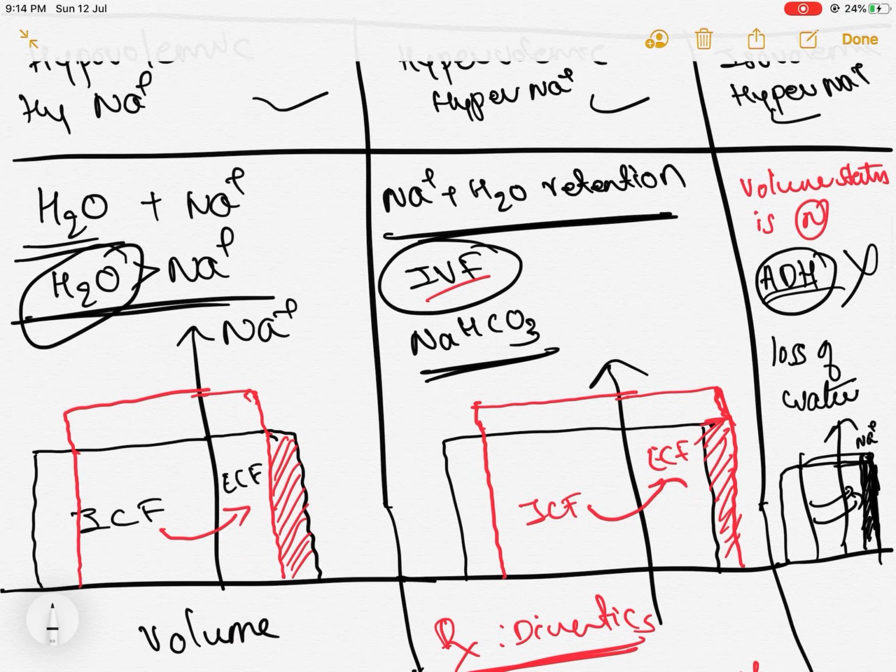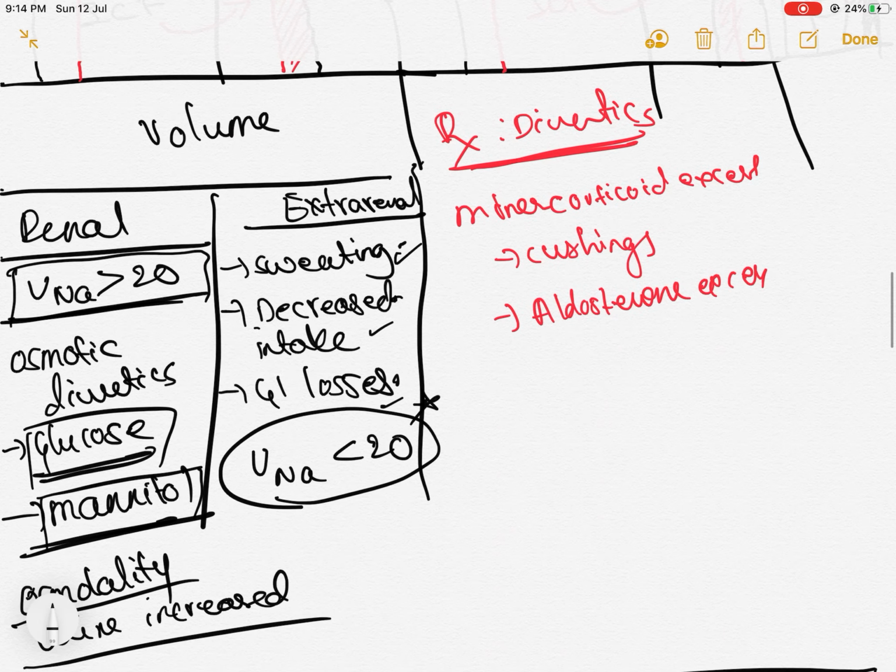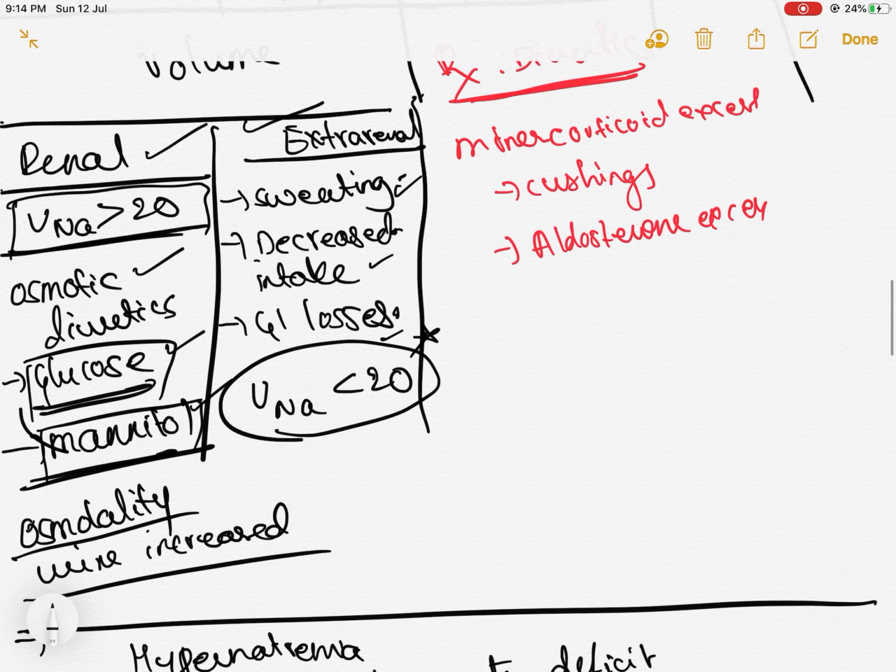If the patient is hypovolemic, then you need to determine the cause, whether the cause is renal or extrarenal. If it is renal, it is usually due to osmotic diuresis, that is due to glucose or mannitol. If you correct the cause, the hypernatremia is corrected. For extrarenal, the cause may be sweating, decreased intake or GI losses. Diagnosis is by urinary sodium less than 20.